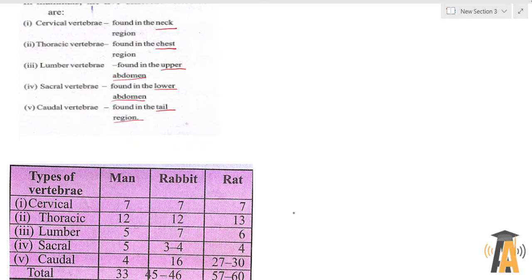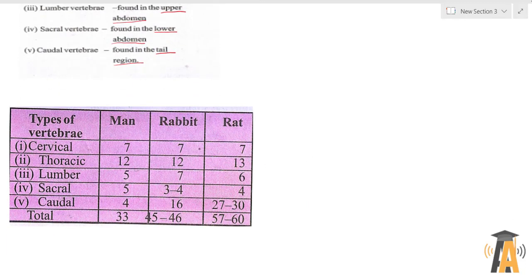So below we have a table that shows us the types as well as the number of these vertebrae in man, rabbit, and rat, the 3 of them together. Now for cervical, for man we have 7 cervical vertebrae.